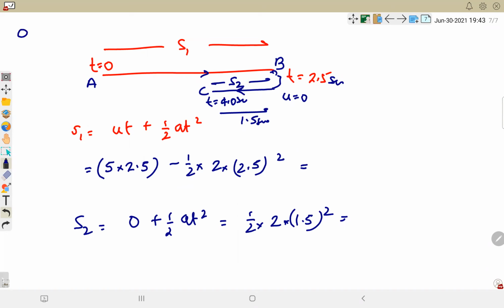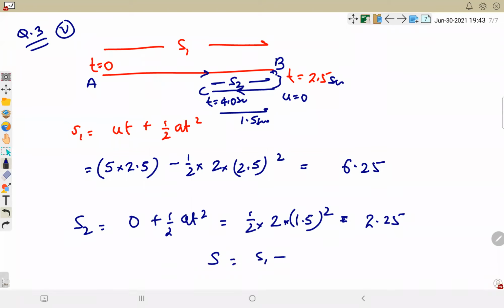So it's question number 3, part number 5. S1 will come out 6.25 and S2 will come out 2.25.